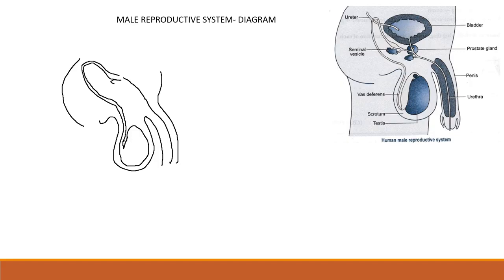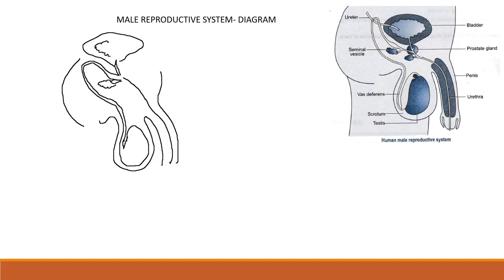You just leave it over here and draw a gland over here. We know this is the seminal vesicle, right? From here you can take a branch like this, right? Take a branch like this, okay, and this will be the bladder, right?